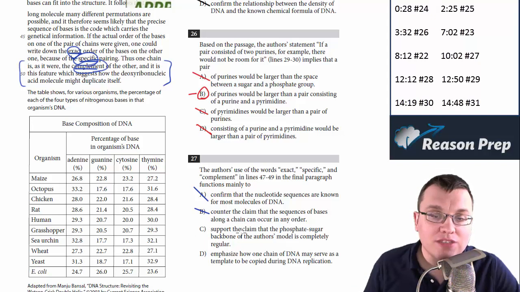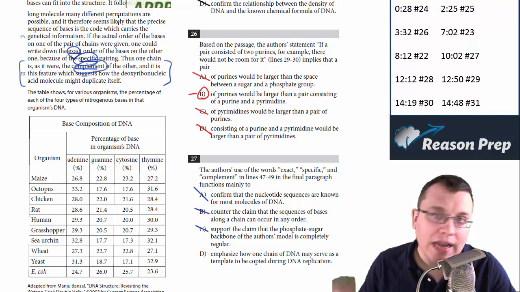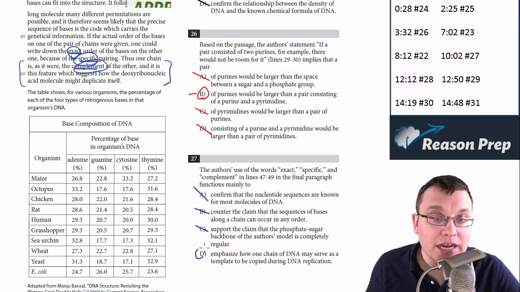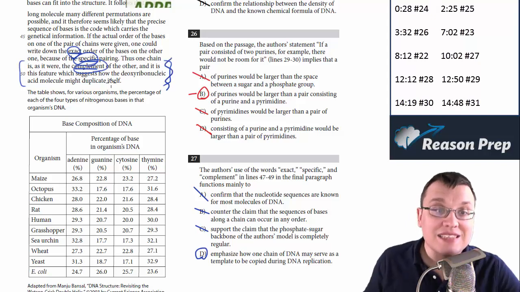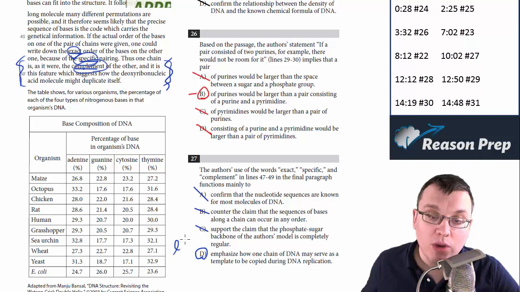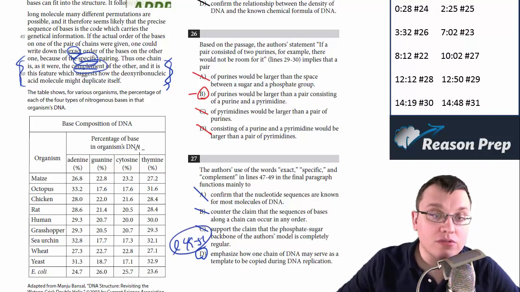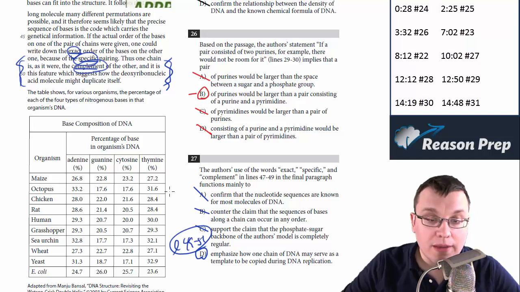Support the claim that the phosphate sugar backbone of the author's model is completely regular. We don't really care about the backbone right now. It's about the bases. Emphasize how one chain of DNA may serve as a template to be copied during DNA replication, right? This is exactly what's mentioned in lines 49 to 51. Right, so there's your specific evidence that would point to why they're going to use these words. So we're going to go with D.